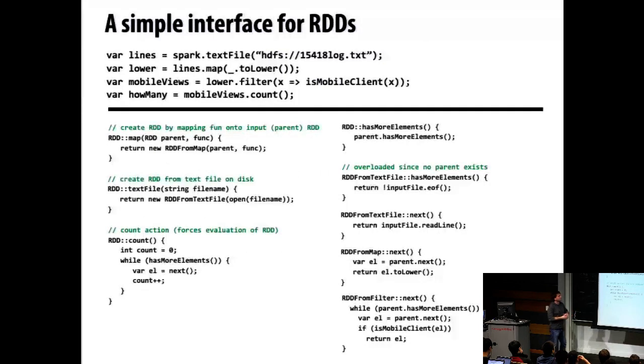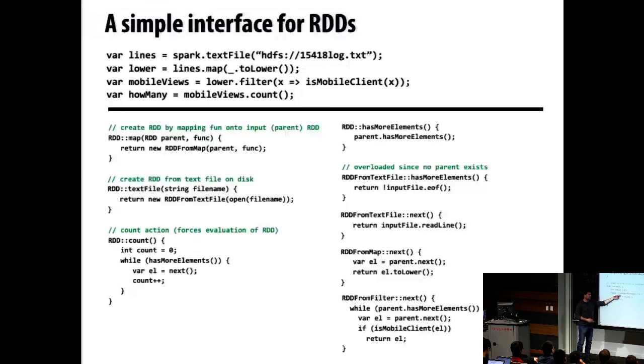I might say RDD create from text file, give it the file name, create an RDD object. And then if I ever wanted to count the number of elements of the RDD, I could say, while the RDD has more elements, get the next element and increment the counter. So I just implemented the simplest action here.